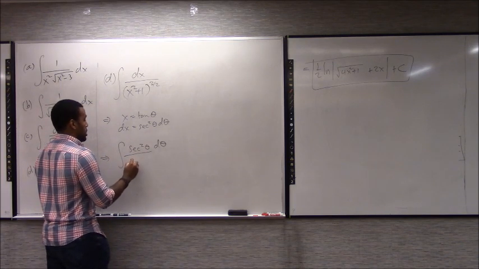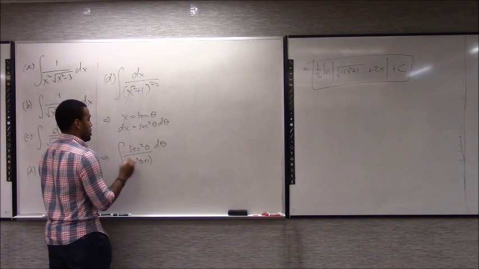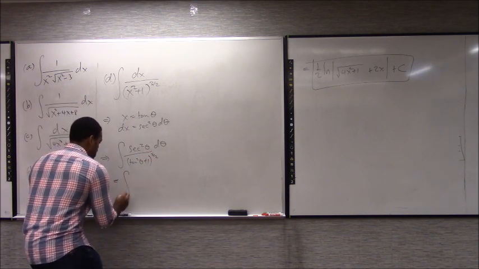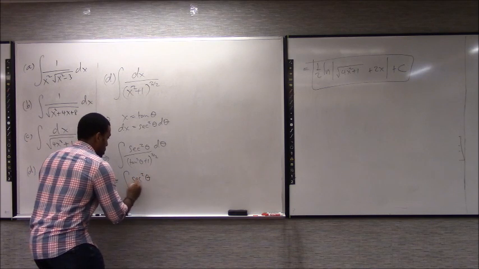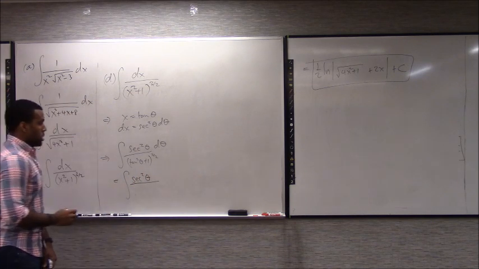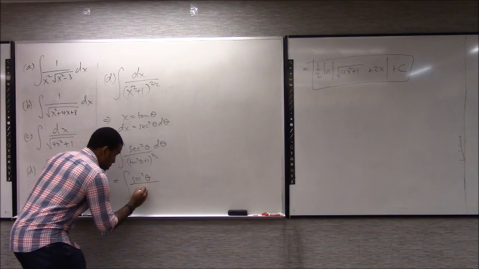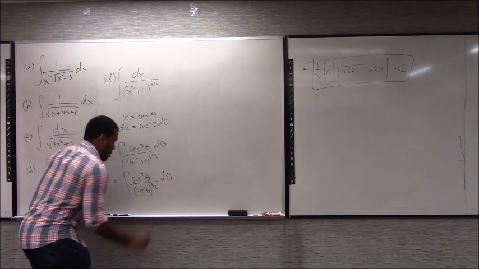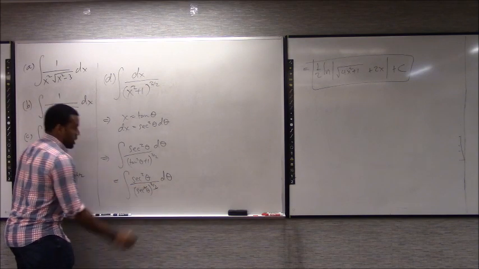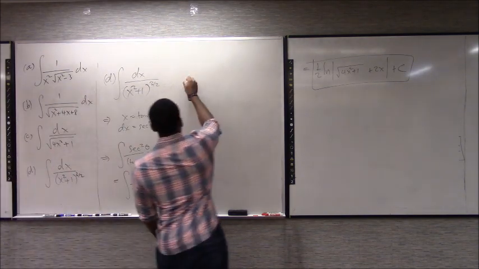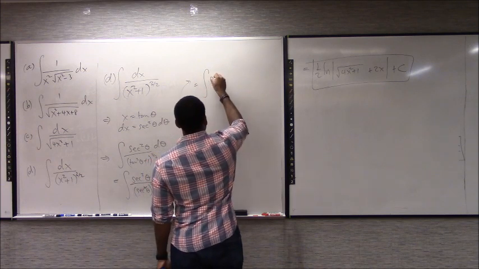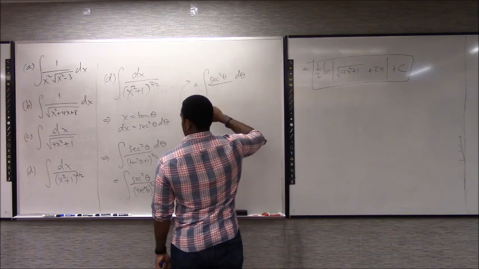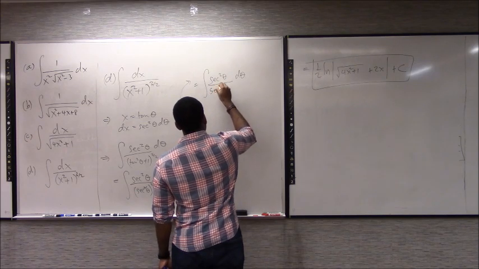And that will be tangent squared theta plus 1 to the 3 over 2, and we know that would give us secant squared theta to the 3 over 2. And that would cancel with that. And so we would get secant squared theta d theta over secant cubed theta.